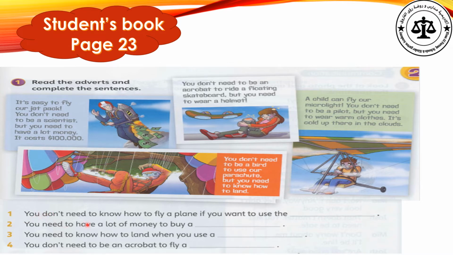Look at sentence 1. You don't need to know how to fly a plane if you want to use the... what? Excellent, the microlight. Number 2. You need to have a lot of money to buy a... Which picture? Excellent, jetpack.